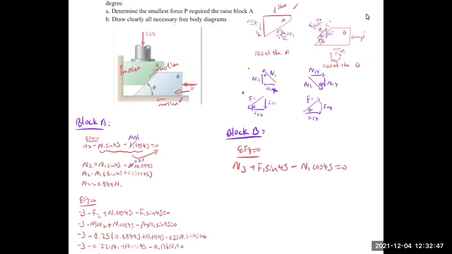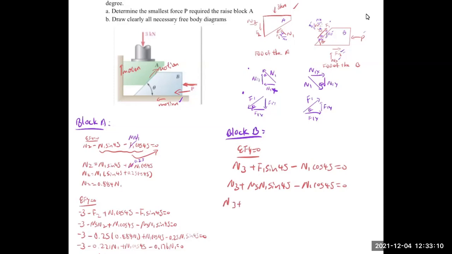Okay, further break it down, N3 plus F1, which will be mu s N1 sine 45, minus N1 cosine 45. Okay. And then we know what N1 is. So basically just plug it in so that we can solve for N3.